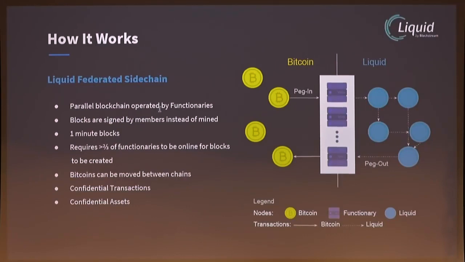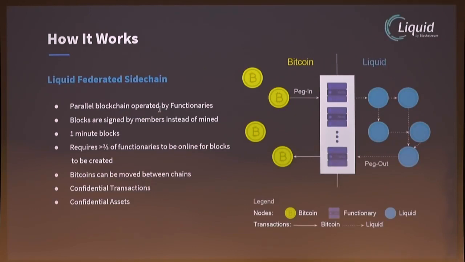And then for the peg out, you first create a peg transaction on the Liquid chain, and then the watchmen create the transaction in the Bitcoin chain. The watchmen are the functionaries for the peg out, and they create the peg out transaction in the Bitcoin chain just by looking at the data you have put in the peg out transaction on Liquid.